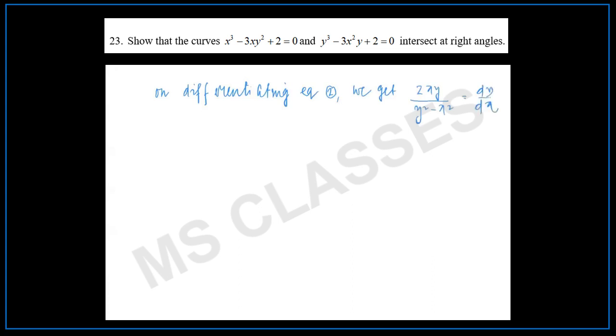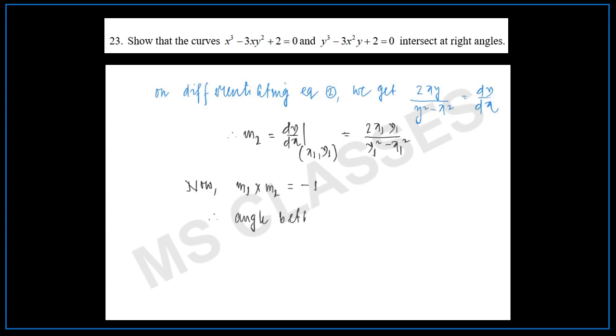Therefore m2, which is the slope of the curve at x1, y1, is equal to twice x1 y1 by y1 square minus x1 square. Now m1 into m2, if we perform, we get minus 1. Therefore, the angle between the curves is 90 degrees.